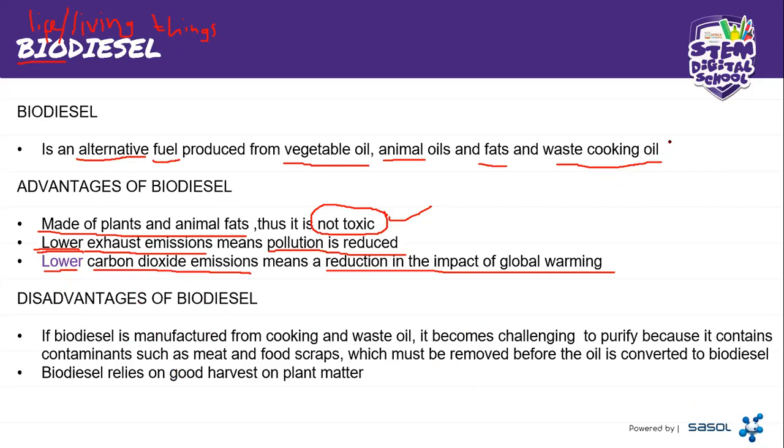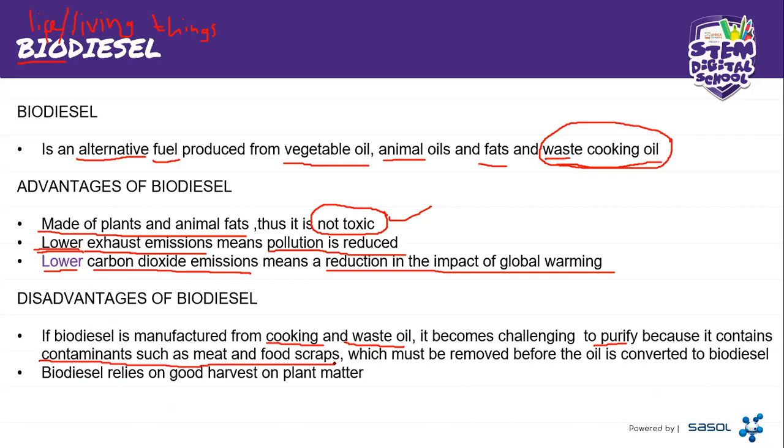Now, you will remember that I said it is also made from waste cooking oil. Now, if biodiesel is manufactured from cooking and waste oil, then you will understand that it becomes challenging to purify, to make it clean, because it contains contaminants such as meat and food scraps.